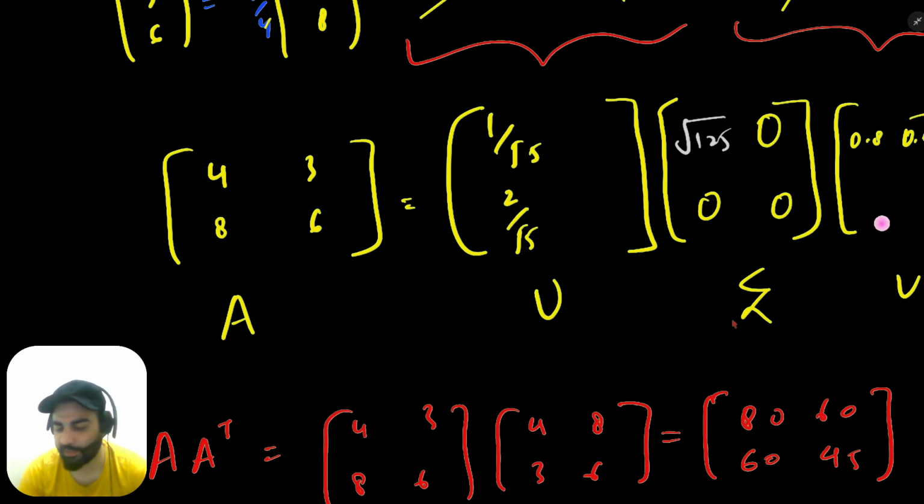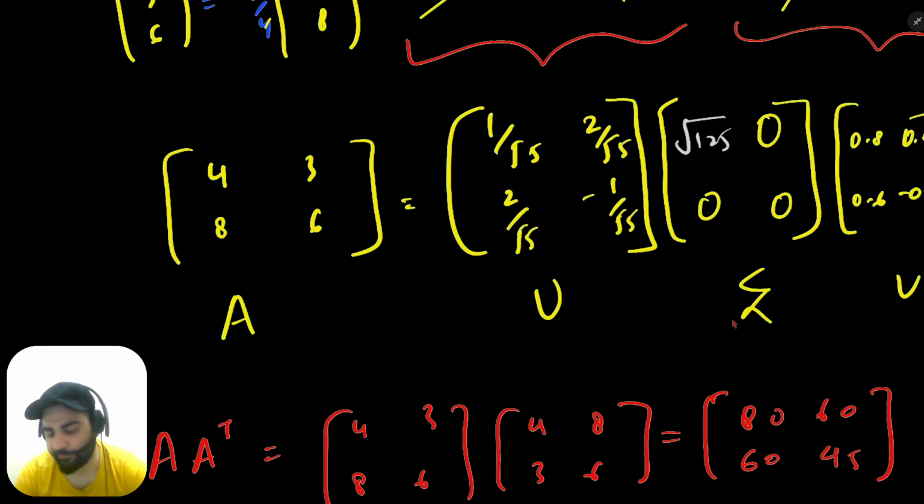Here it is 0.6 and minus 0.8, because this is the vector which is perpendicular to the other. And this is 2 by root 5, and this is negative 1 by root 5.